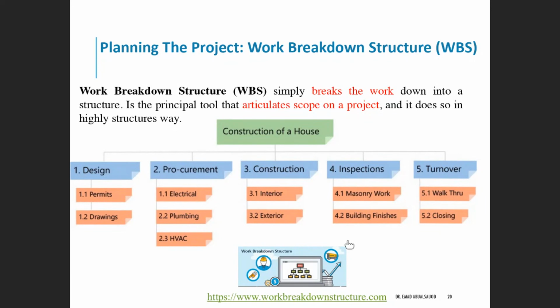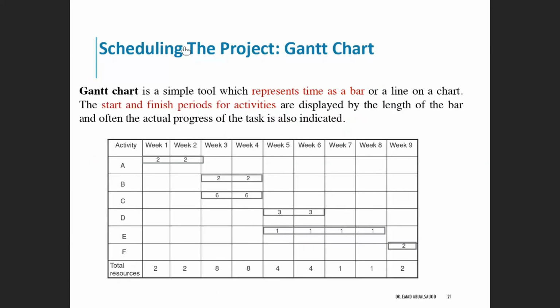We will take, for example, the output of this tool, which can be used as an input. How do we do that? We use it in the second phase of activities, which is the Gantt chart. The Gantt chart is very commonly used, and we have seen it in many courses maybe.